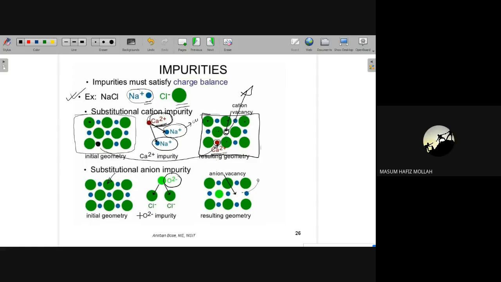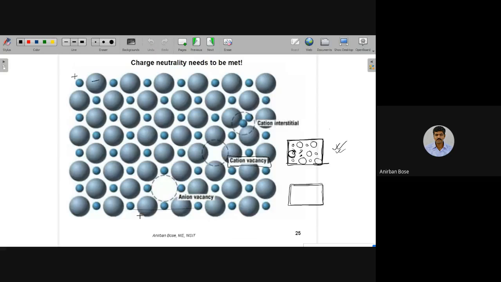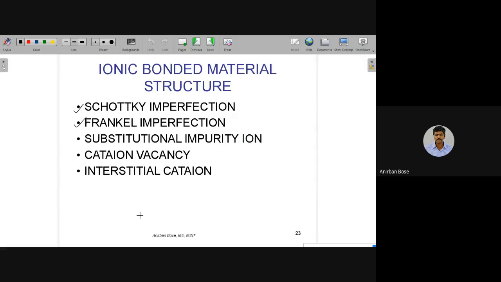Yes, sir, clear. Okay. Sometimes another one you have seen is cation interstitial. One of the defects was there. We have studied the substitutional impurity.